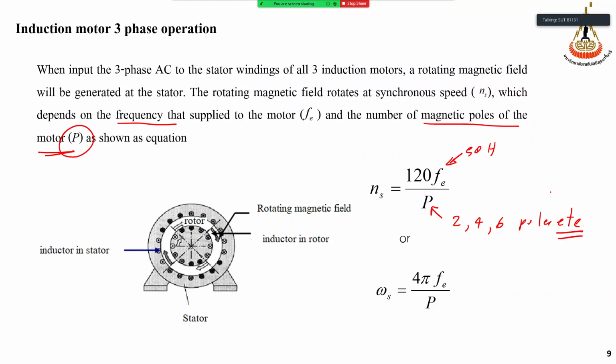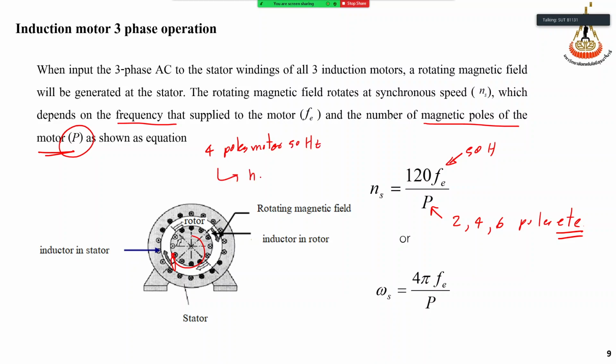Or any. So a lower number of poles means the speed is higher, right? So the more poles the motor has, the lower the speed. For example, if we have a 4 pole motor for 50 Hertz, right?